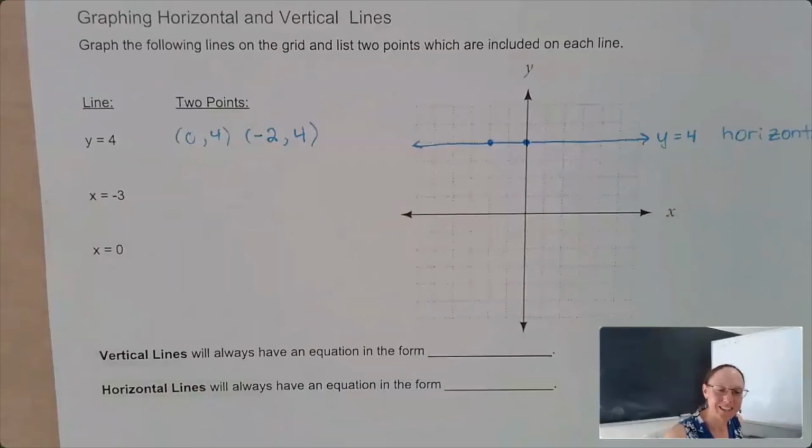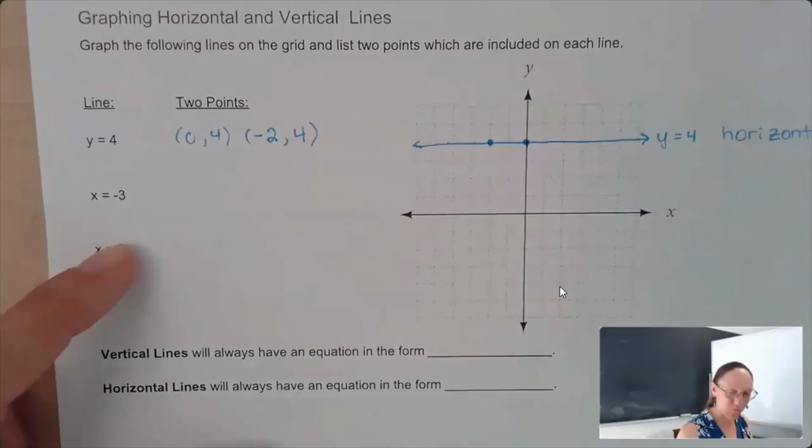Sorry, I've got different windows popping up and annoying me. There we go. So if I take a look at that next one where x equals -3, same kind of thing.